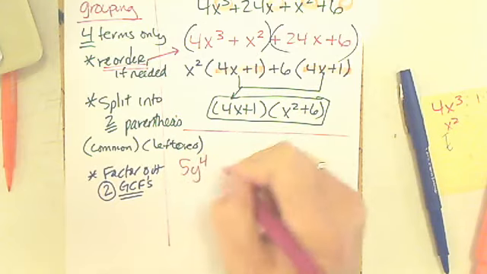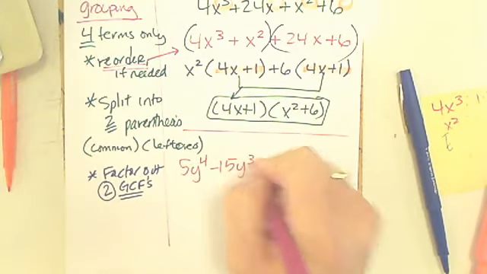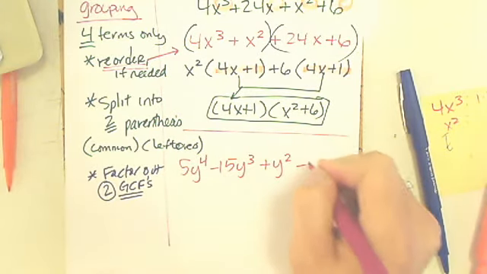5y to the 4 minus 15y cubed plus y squared minus 3y.